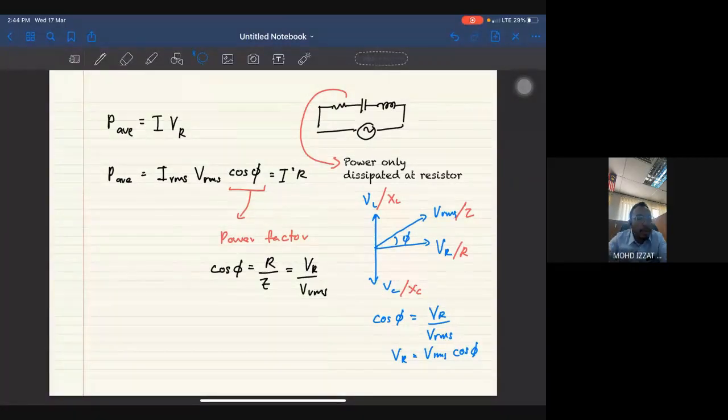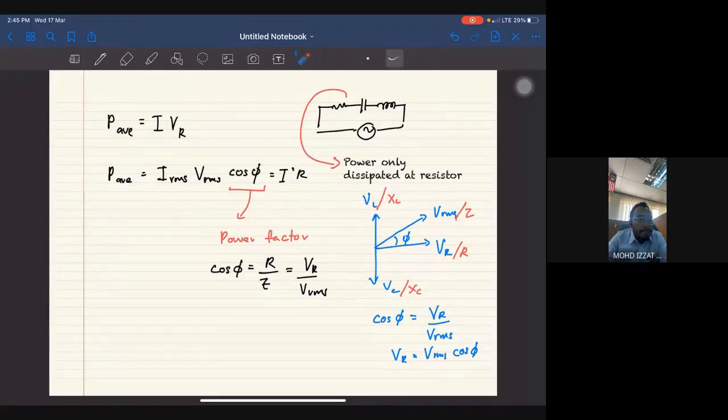Tapi for some reason, student dia nak juga pakai IRMS, VRMS. So common mistake, student forgot to include this one. Dia terlupa pasal cos phi, ataupun dia salah kira cos phi. So that is the problem. But if you use I square R, you can straight away. Tak perlu pakai, you don't have to put the cos phi, which is much easier and straightforward.